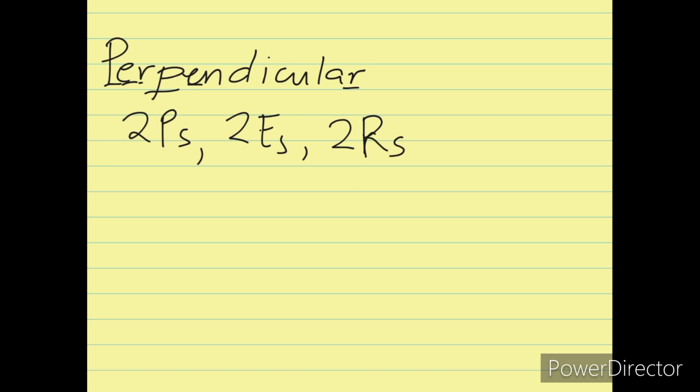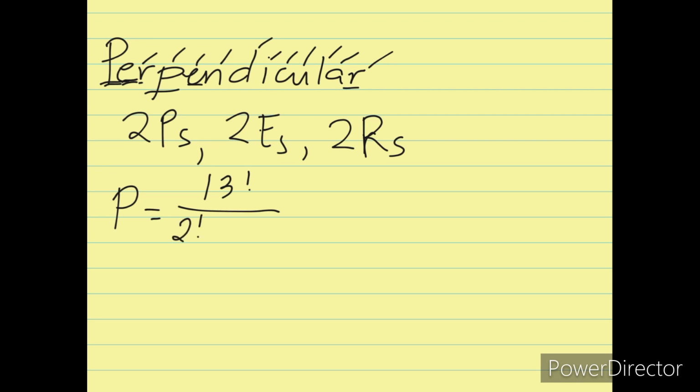Then count how many letters there are in the word perpendicular. We have 1, 2, 3, 4, 5, 6, 7, 8, 9, 10, 11, 12, and 13. So we have 13 factorial over 2 factorial, another 2 factorial, then another 2 factorial.